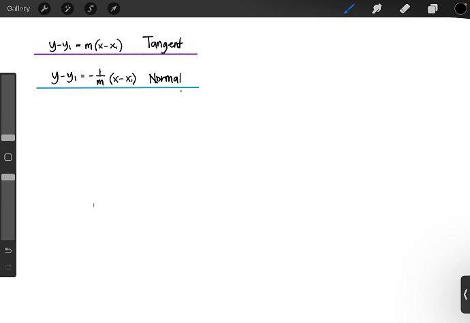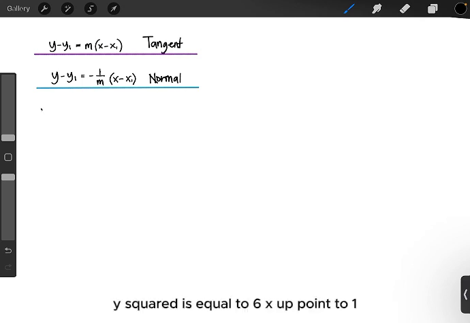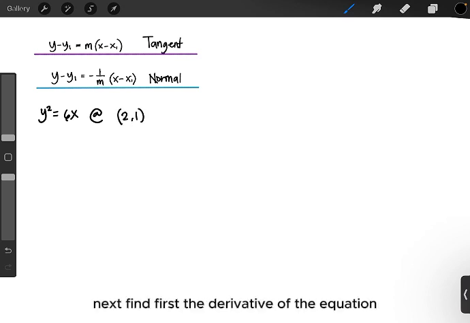For the next problem, we have the equation of the curve y squared is equal to 6x at point 2, 1. Next, find first the derivative of the equation and substitute the values of the coordinate in order for us to get the slope.